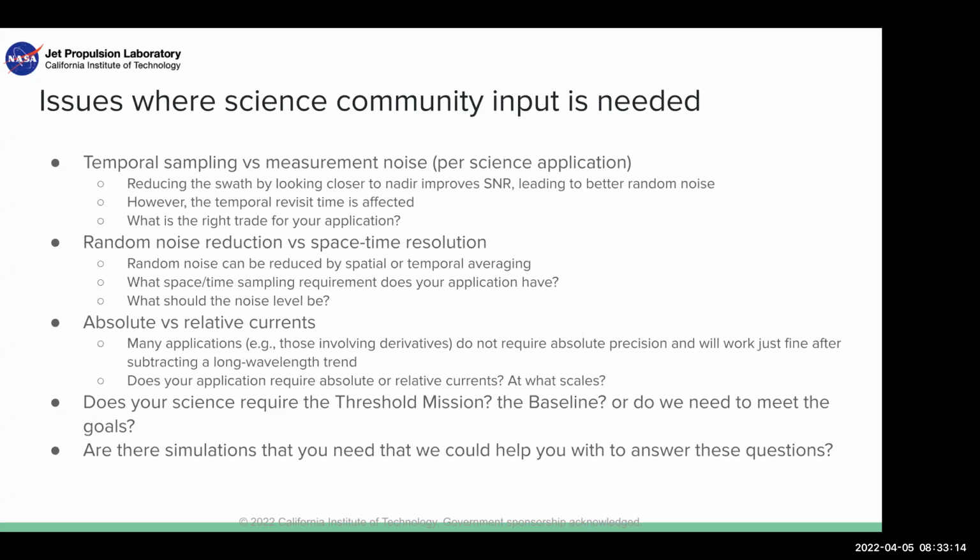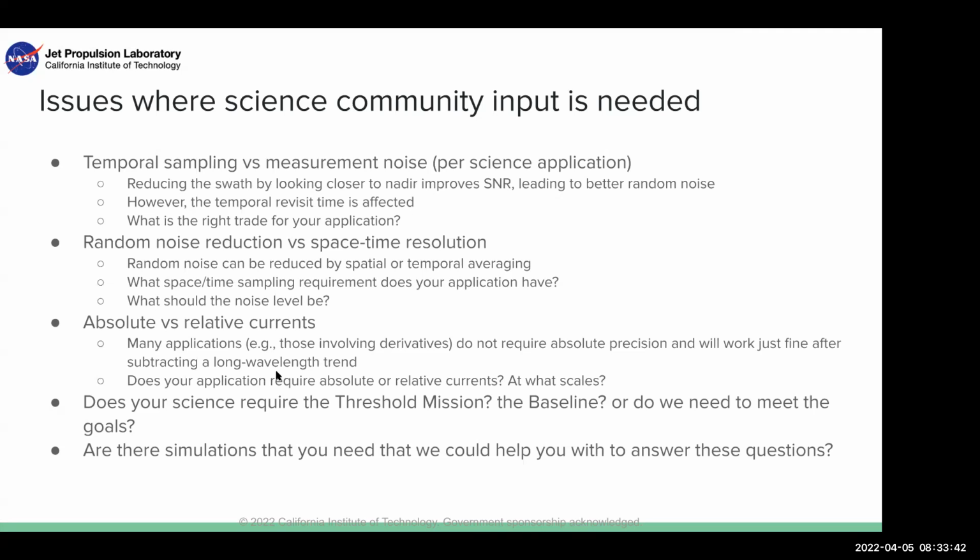Another issue here is absolute versus relative currents. Some of these errors, like the geophysical model function errors, will have very long wavelengths. So if you look at things on scales of 30 kilometers, when you compute the relative vorticity and the divergence, the error due to these absolute error biases will basically go away.